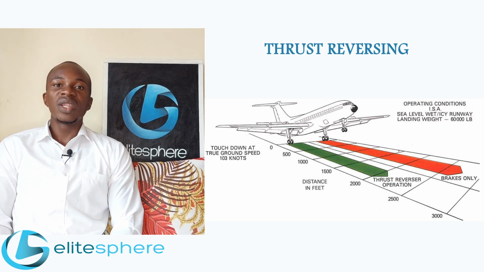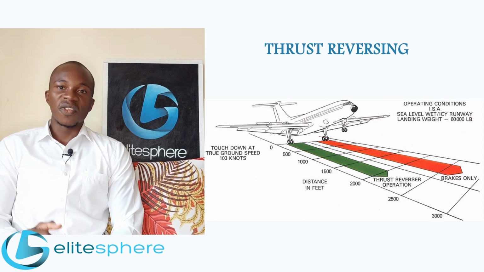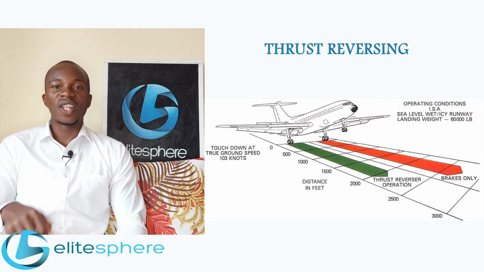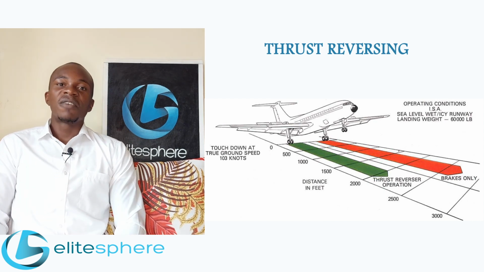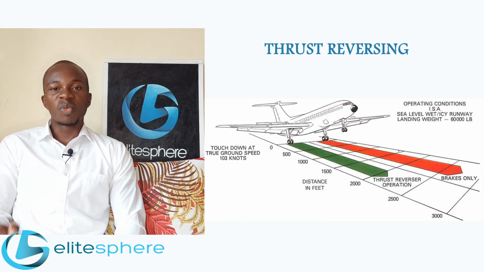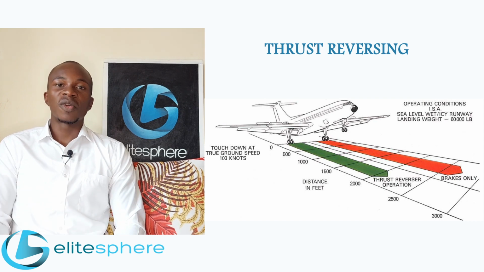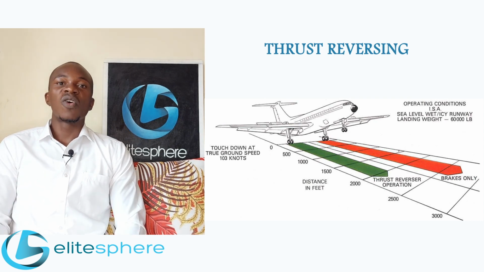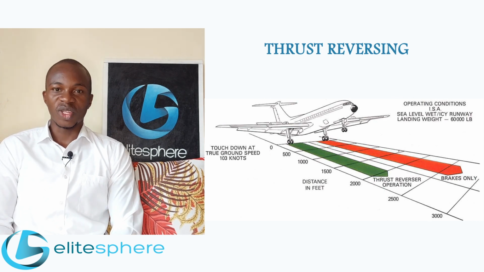Thrust reversing can only be selected in the flight deck at low engine power settings. There is a lever in the cockpit that facilitates the selection of the thrust reverser. After the thrust reverser is selected, there is an indication provided in the cockpit that enables the crew to monitor the extension of the thrust reversal.